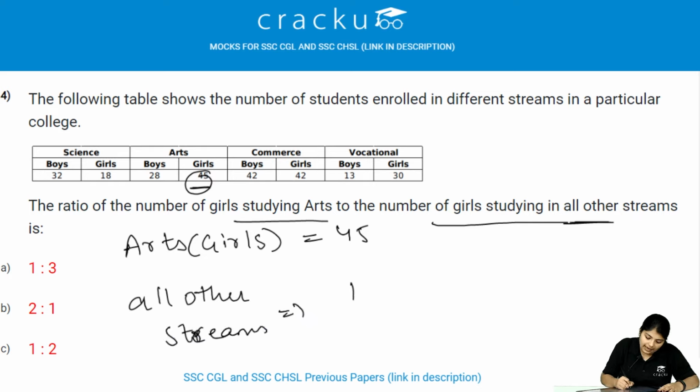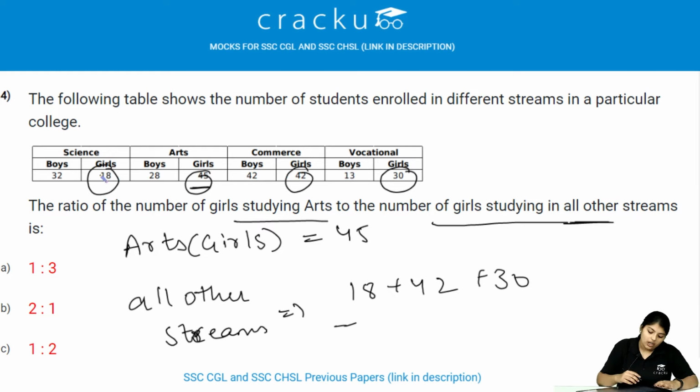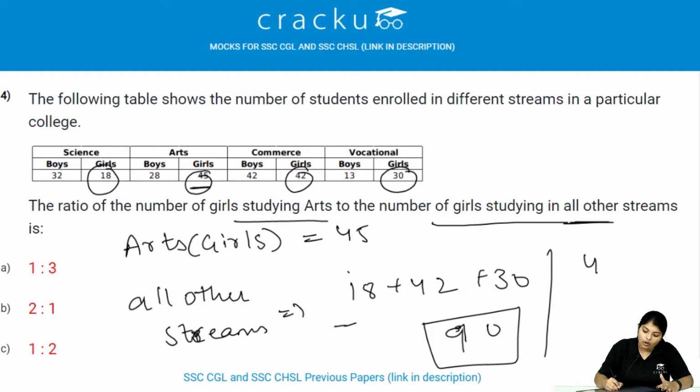That means 18 plus 42 plus 30. This 30, 42 and 18. Do not add 45 because the question asks all other streams, not total number of girls. Okay. Now this one will be 90. So therefore the ratio is 45 by 90, which is 1 by 2. Therefore the answer is option C.